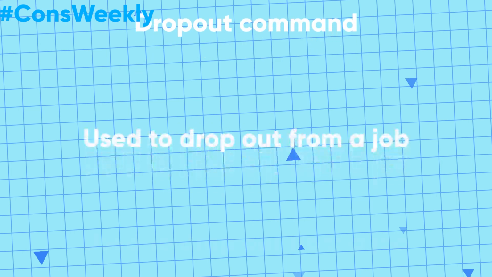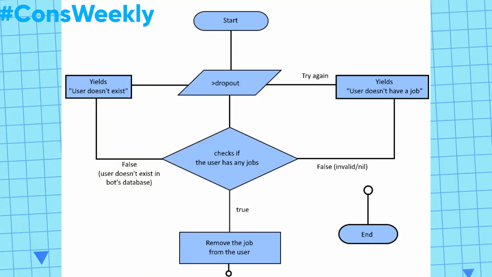When we have an apply command, we also have a dropout command. The dropout command is just as the name says, it drops you out from the current job. And yes, here's the flowchart for the dropout command. The bot takes the message, or should I say the command, and processes whether the user has a job or not.